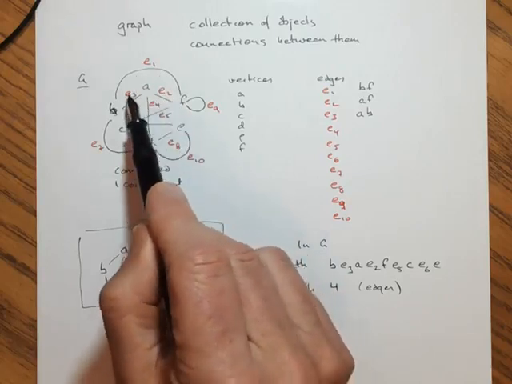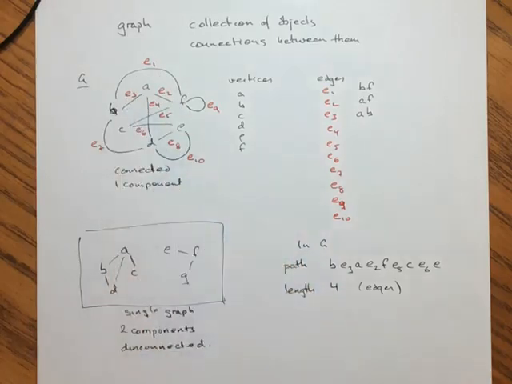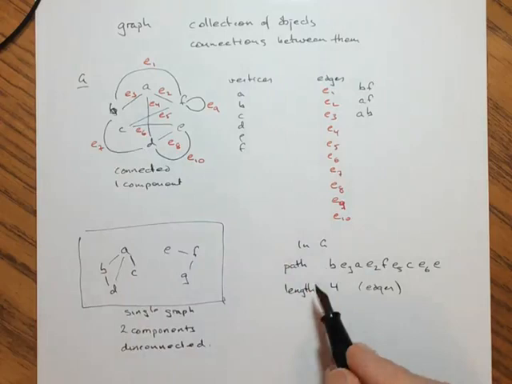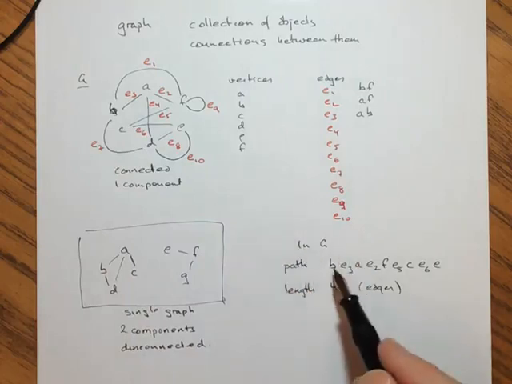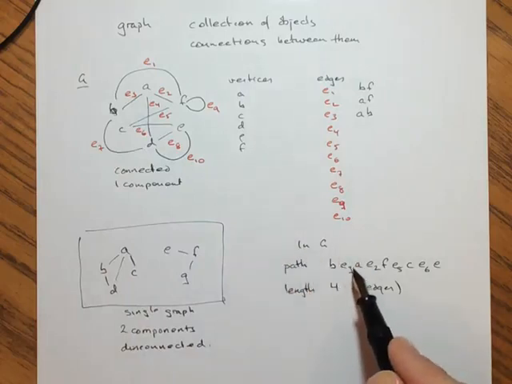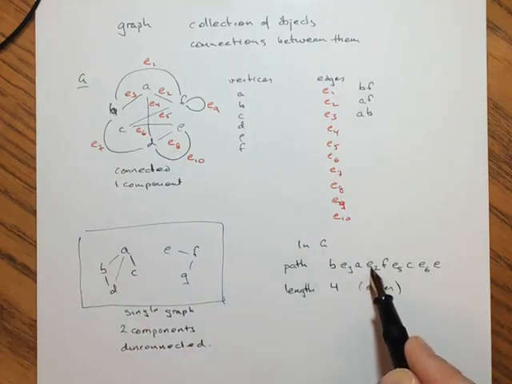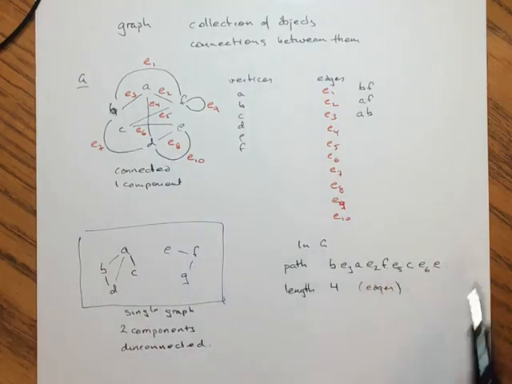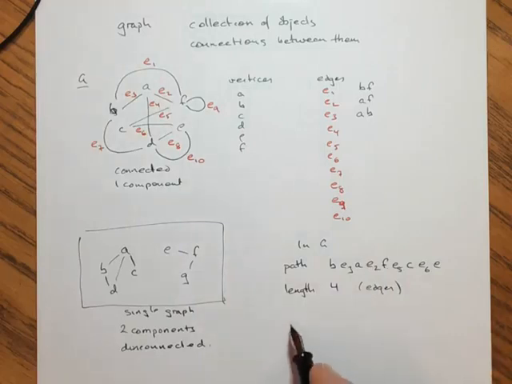That actually is called a cycle, so we're going to look at that in a little while. So path: start somewhere, keep following an edge to a new vertex, follow another edge to a new vertex, etc., and we count the number of edges as being the length.